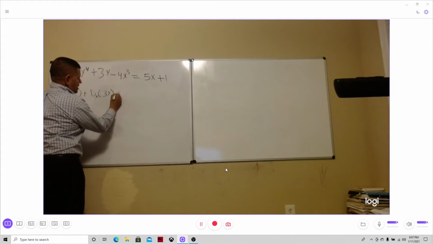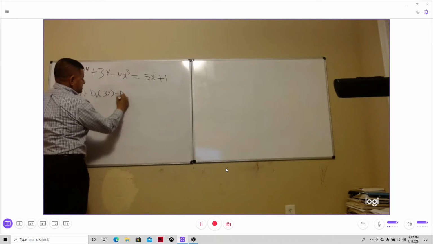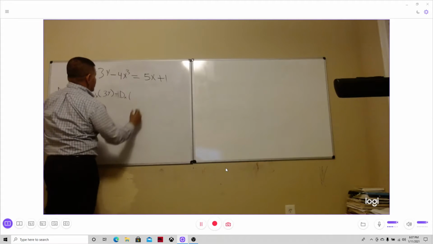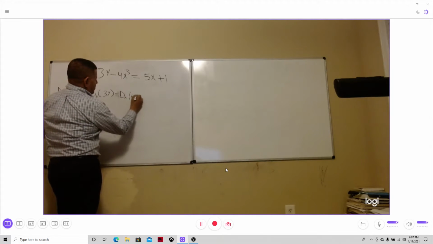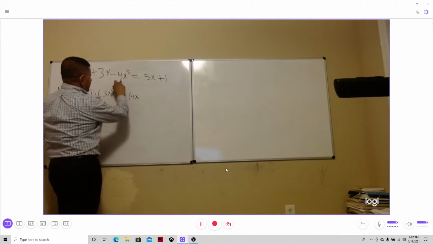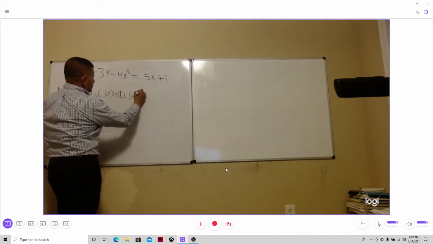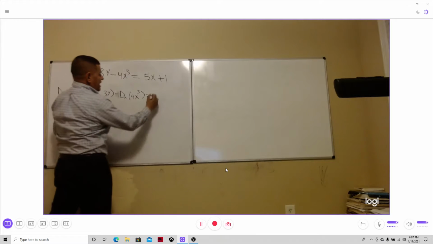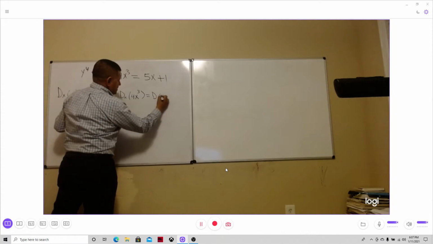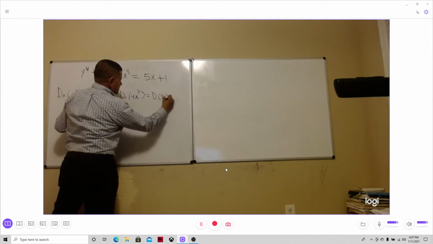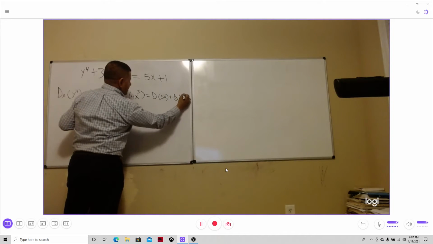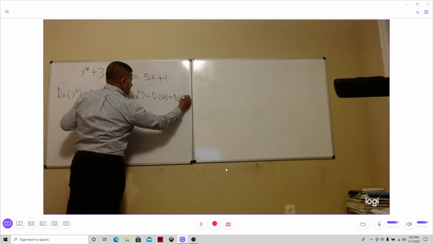So I always put it like this: d minus, right? So the derivative of that, and then it's going to be that piece inside, which is going to be 3x cubed. And then here I will have a d and 5x and then plus d1. Alright?